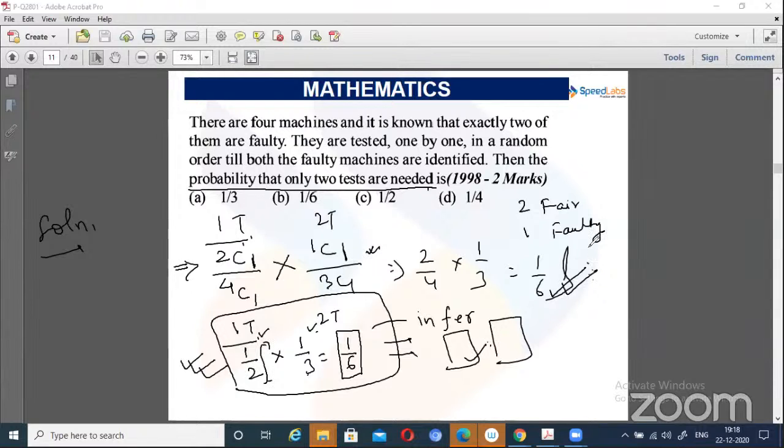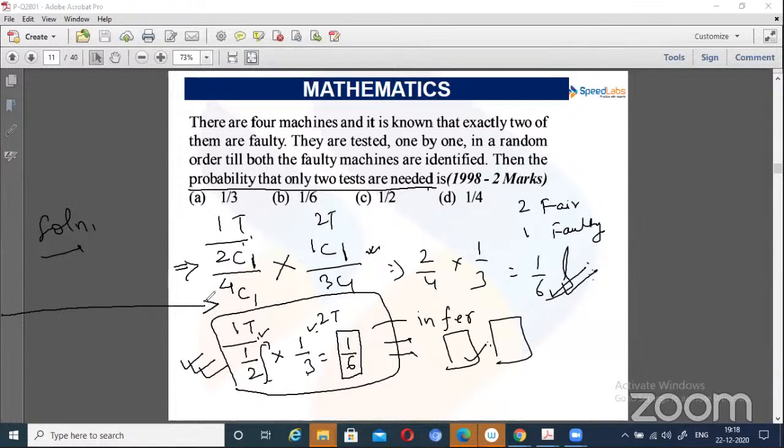I don't have an answer to this, to be honest, because I don't know whether they accept inferring-based answers or not. I don't know if it helps your cause or not, but I don't have an exact answer to this, because what we are saying is correct. There's nothing wrong in that.